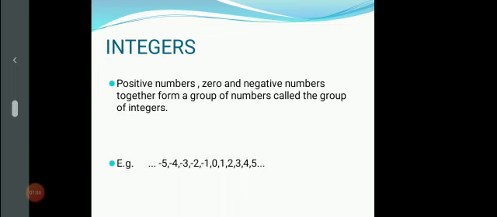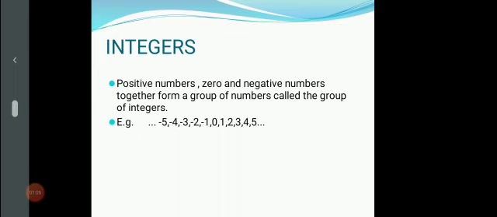Examples: -1, -2, -3, -4, -5 and so on are the negative integers, while 1, 2, 3, 4, 5 are the positive integers, and 0 is also there. There are certain rules which we have to follow while doing addition and subtraction of integers. These rules we also studied in the 6th standard, but again we are taking them here.